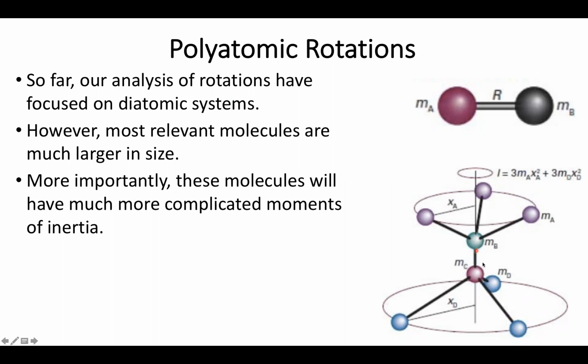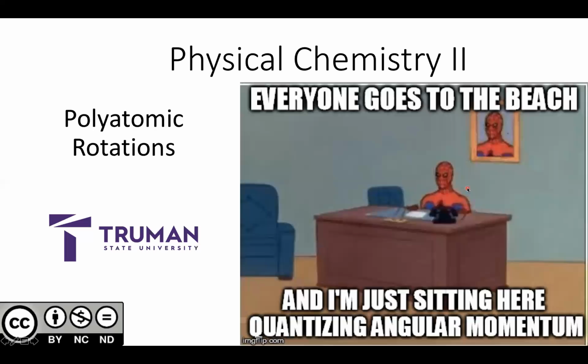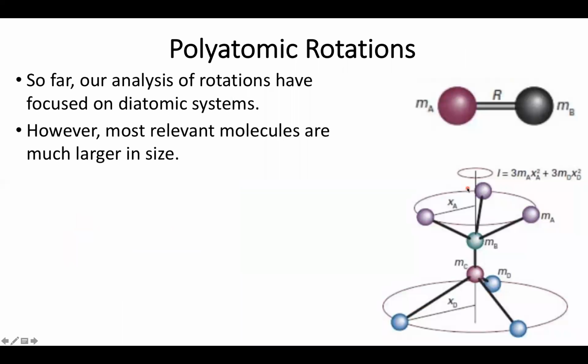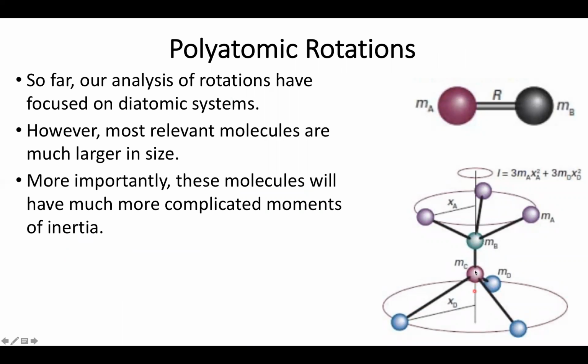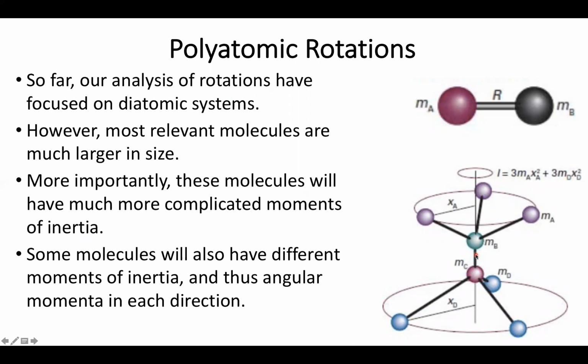As you look at a real molecule, like this trichloroethane, you're going to notice that it has a very different rotation about the z-axis than it does about the x-axis or the y-axis. Each one of those is going to have a very significant kind of rotation. And we're going to need to acknowledge that some molecules are going to have very different moments of inertia, and thus angular momenta, depending on the direction.